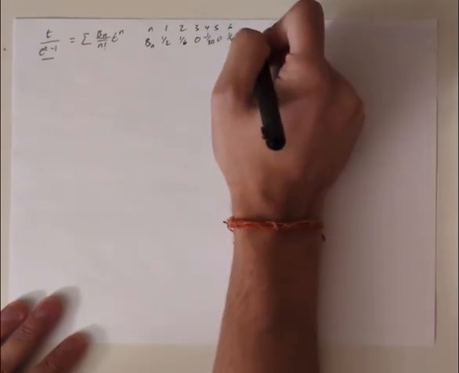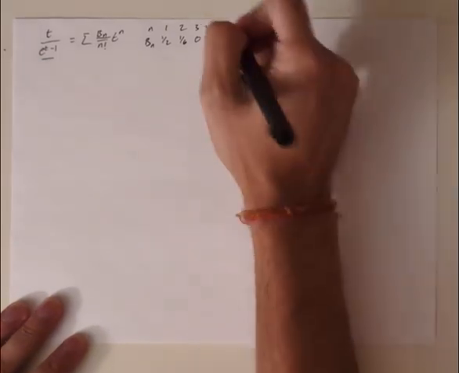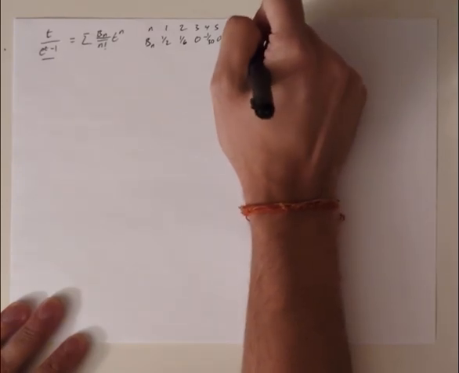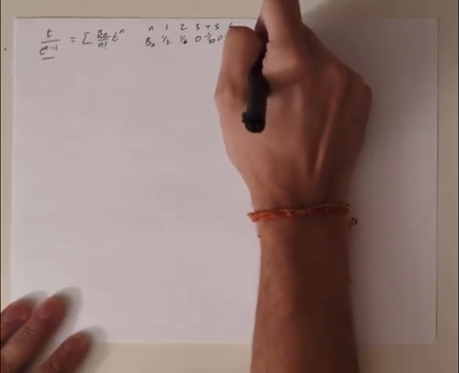And then these numbers can get quite interesting. For example, the 12th Bernoulli number is negative 691 over 2,730.